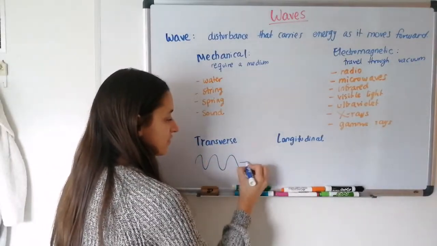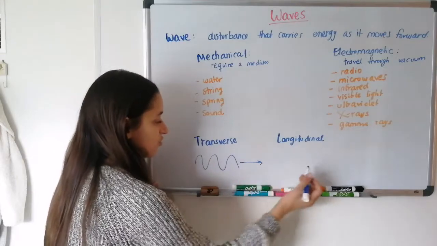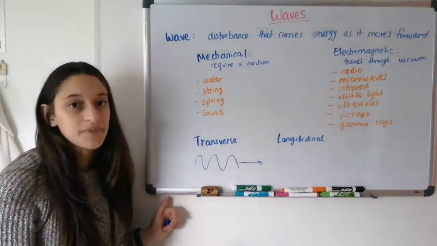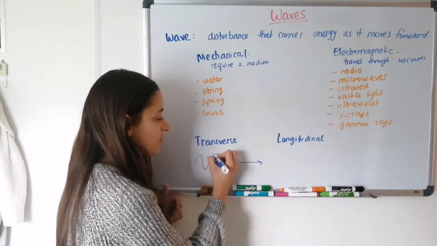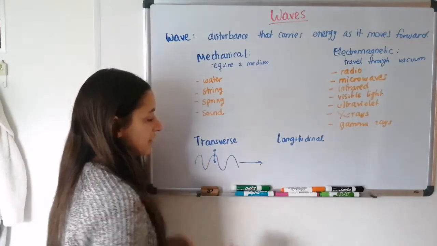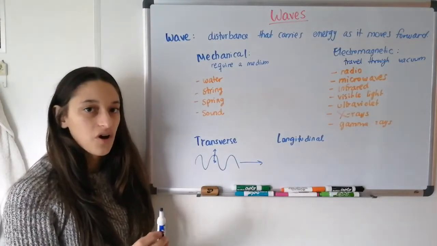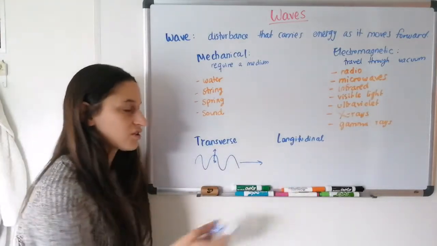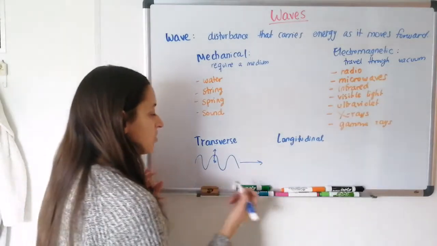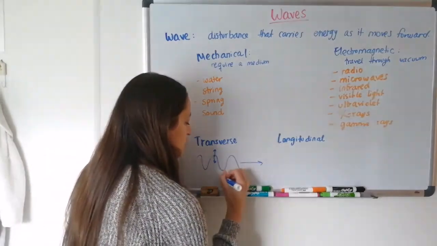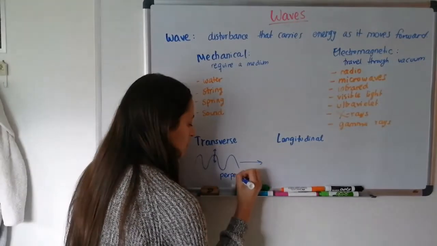It's traveling this way, like towards, I don't know, the shore, if this is a wave in the ocean, but the oscillation of every single point in the wave is up and down, right? So the oscillation is perpendicular to the direction of propagation, which means the direction the wave is traveling towards. So these are perpendicular.